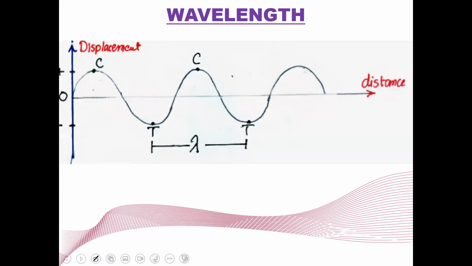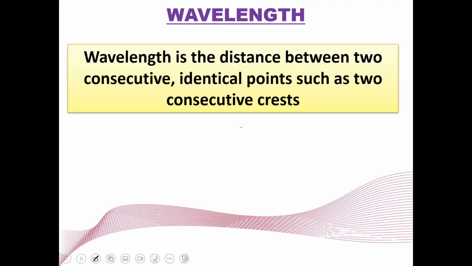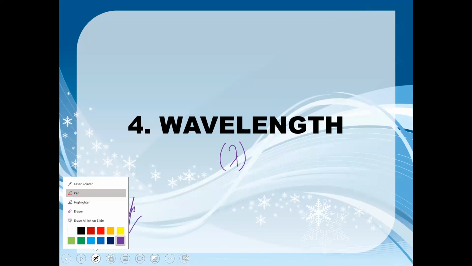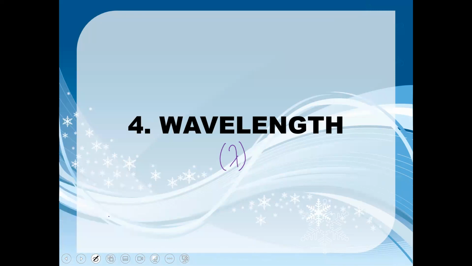Look at this diagram. So wavelength is the separation between two consecutive troughs or two consecutive crests. You have to give the heading wavelength and its symbol is this sign. How do we read this sign? Lambda. Lambda, very good.